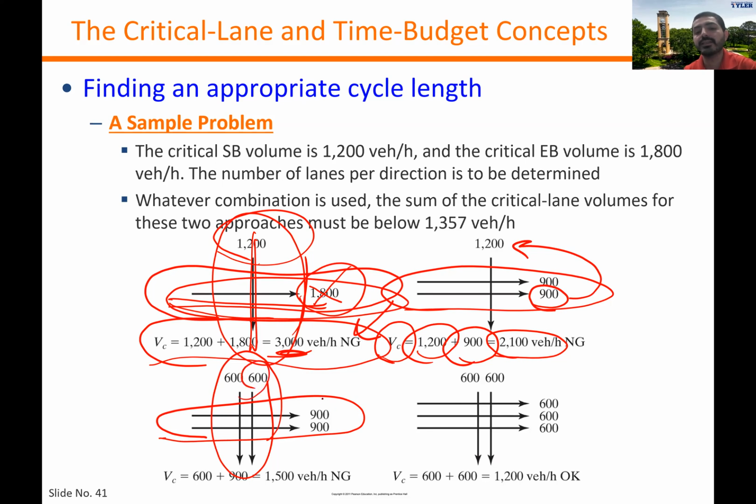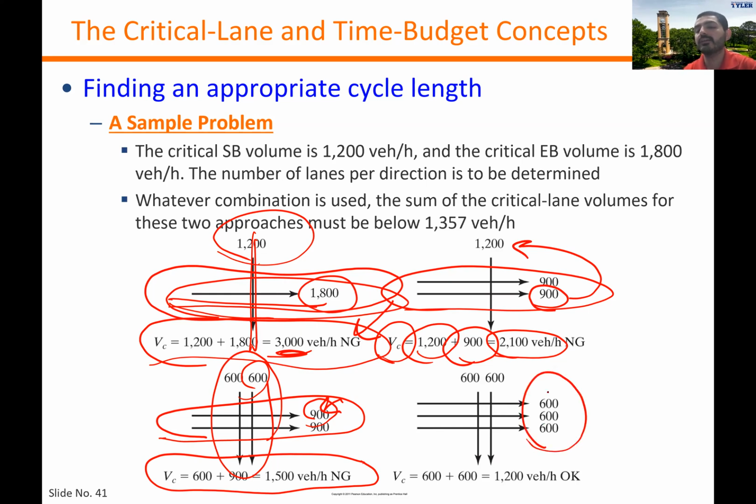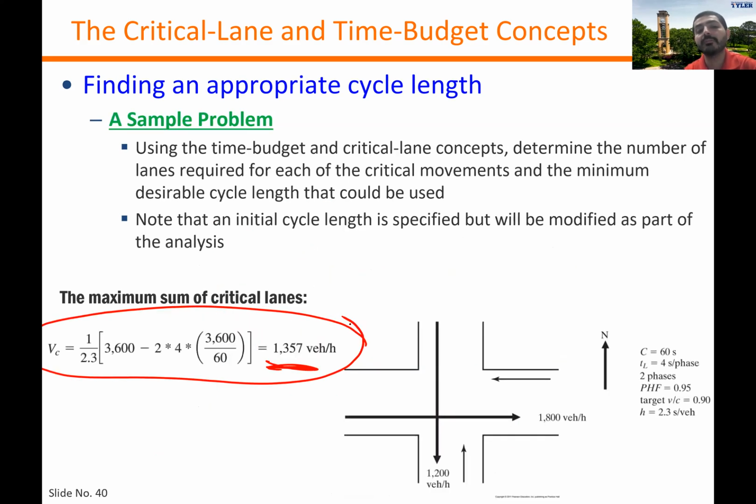So 900 plus 600, that's 1500. Still a little bit higher than what you can afford. Then instead of the 1800 being divided into two lanes, I'm going to divide it into three lanes, and that's why I have 600 now. So 600 plus 600, that's 1200, less than 1357, which is your maximum sum of critical lane volume, and you're good to go.